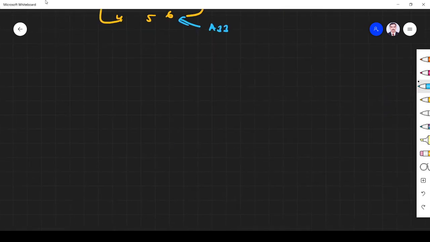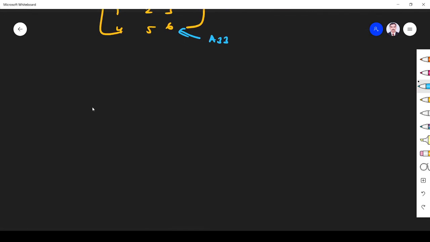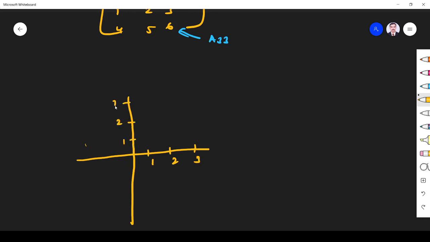Then you can ask, sir, I studied that a vector is a quantity which has both magnitude and direction, but you are telling something different. Both are the same only. Let me go for that. Let us consider this diagram. Consider an arrow like this. Let us go for the point 2, 3.